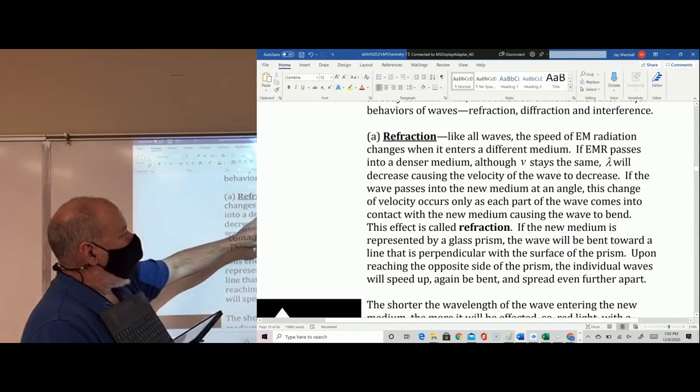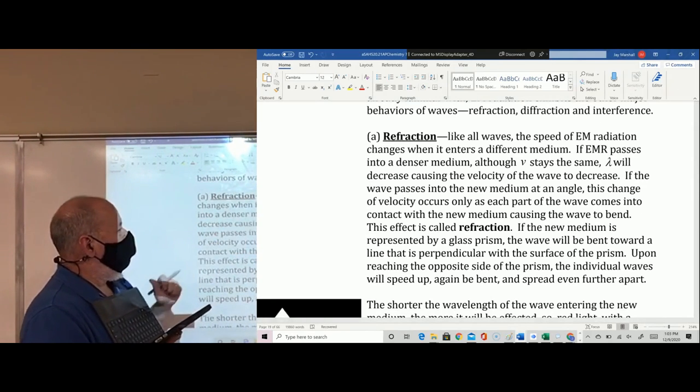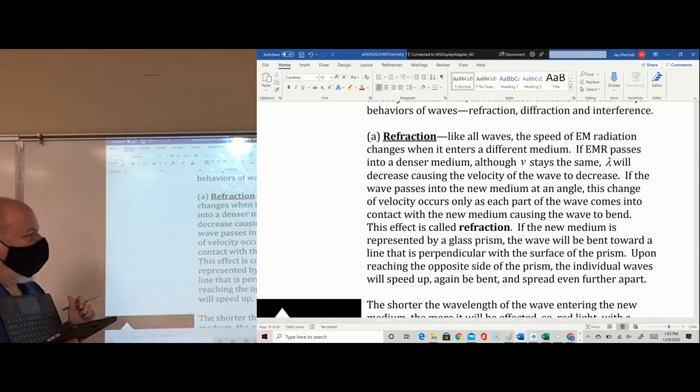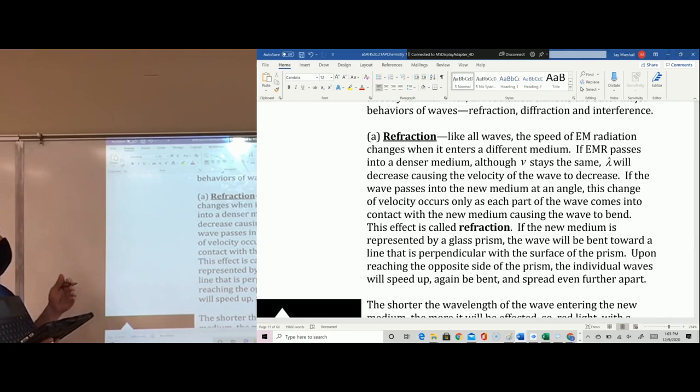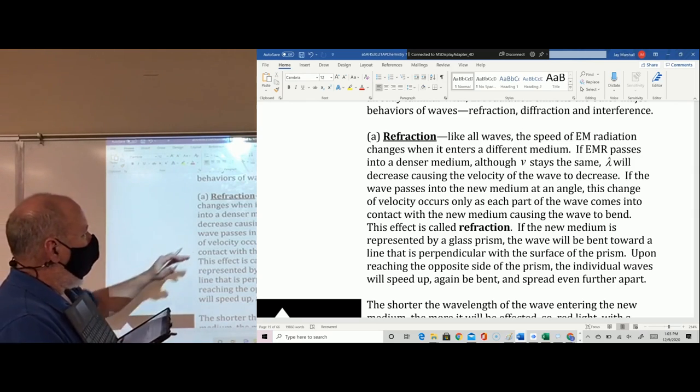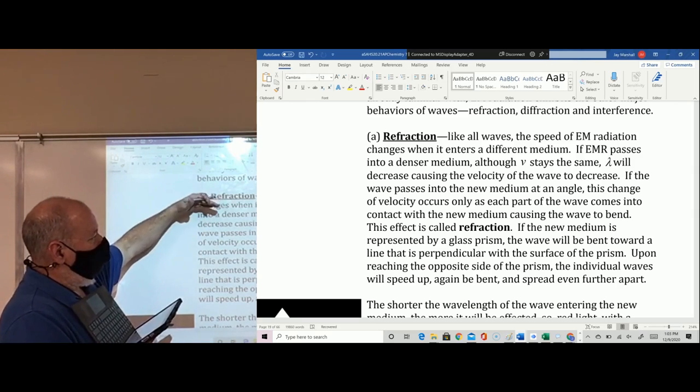Like all waves, the speed of electromagnetic radiation changes when it enters a different medium. And your best example of that is when light enters a glass of water, it changes its direction. Okay, you can tell that because if you put a straw in water, the straw appears to be broken, doesn't it? When you look at it in the air versus the water.